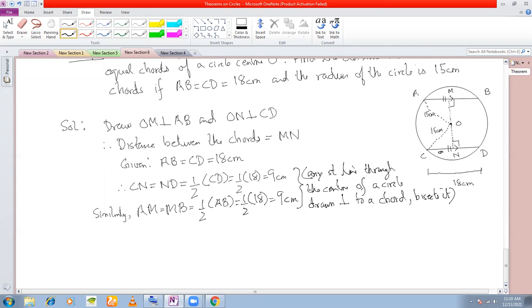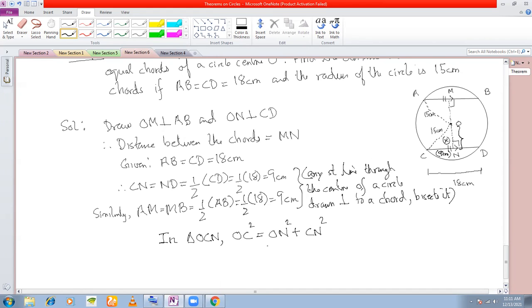So we have found this length to be 9 centimeters, right? If this length is 9 centimeters, then how much is this length here? This forms a right angle triangle, right? OC is the hypotenuse in triangle OCN. OC square is equal to ON square plus CN square.